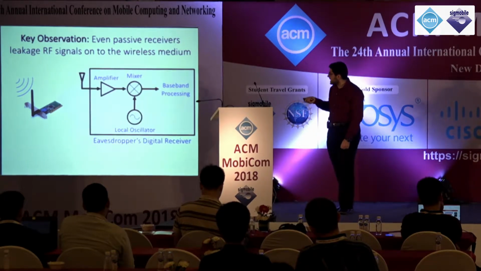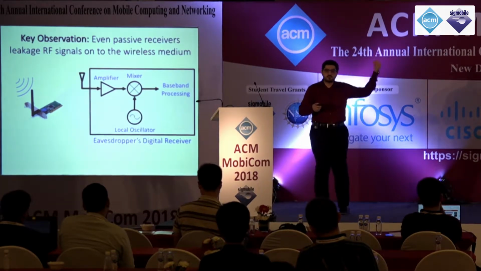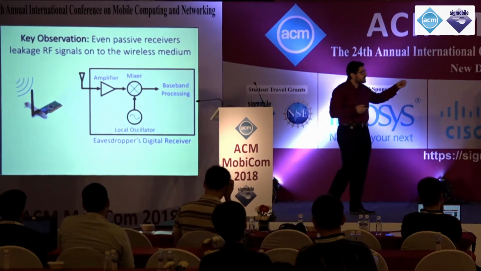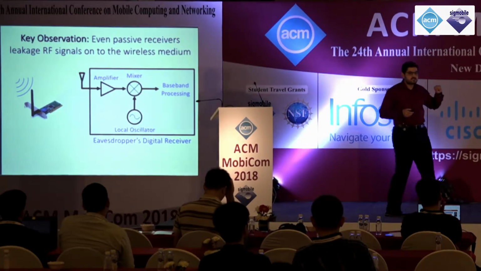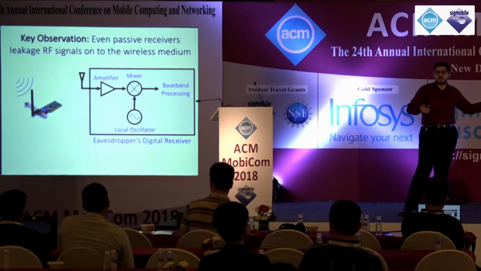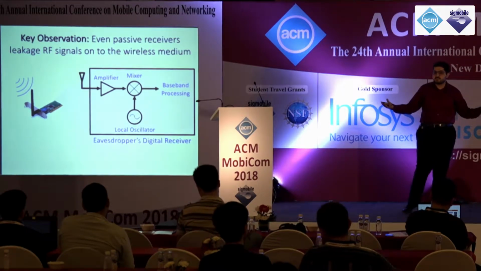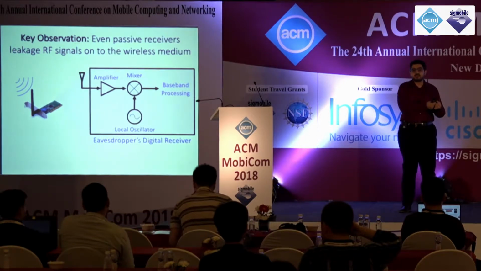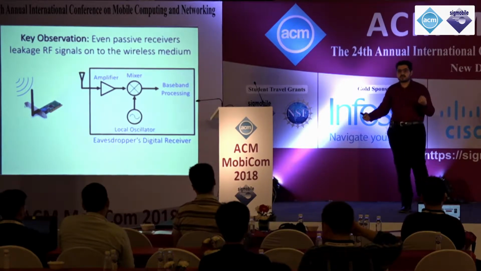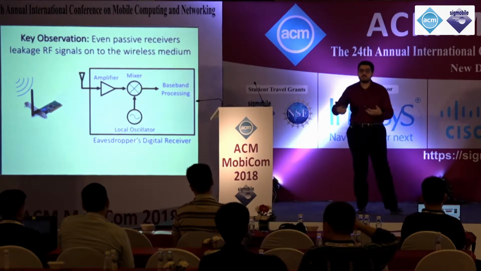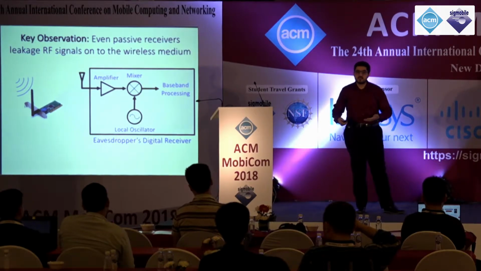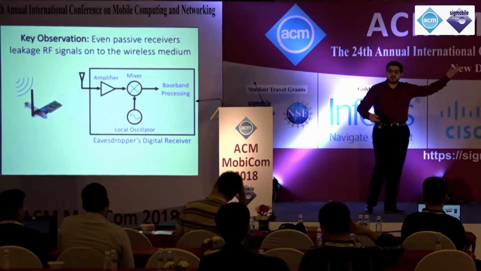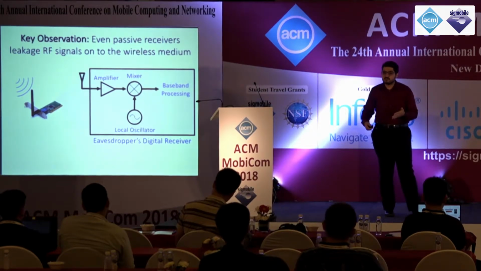What you typically have is an antenna that's capturing the signal, and then you amplify it, and next you mix it down from passband to baseband. What does that mean? If your signal is at 2.4 gigahertz, you bring it down from 2.4 gigahertz to baseband so you can do digital processing. If it's at 5 gigahertz, you bring it down from 5 to baseband.